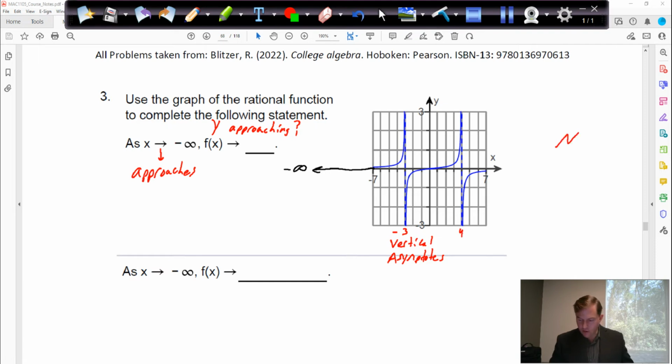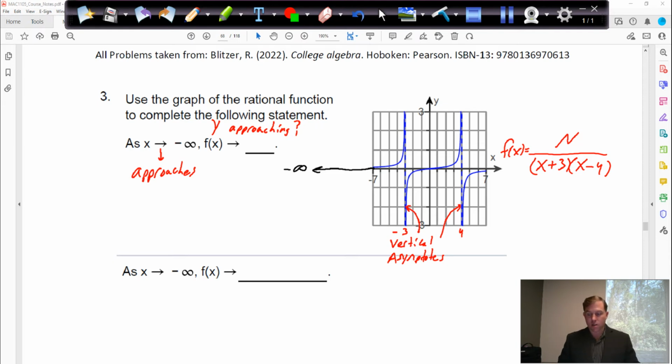I don't know what the function looked like, some numerator, but the denominator, I'm confident, had x plus 3 and x minus 4, because those two numbers cause these vertical asymptotes, these dashed lines, at those x values. Don't really need that for this problem, but it doesn't hurt to start connecting these dots.